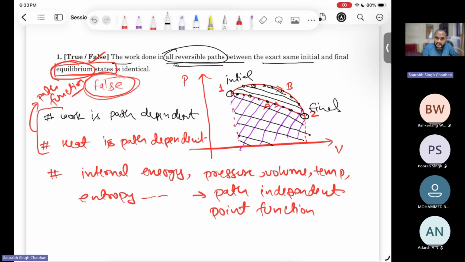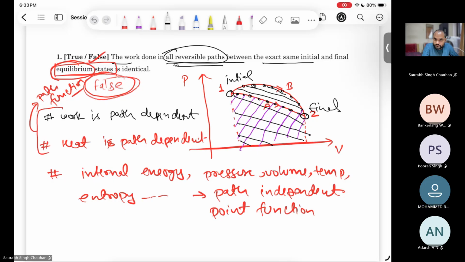Because work is the area under the curve, and if you change the curve, the work changes. But if the process is happening, is this statement true or not? Does the work still depend on the path?